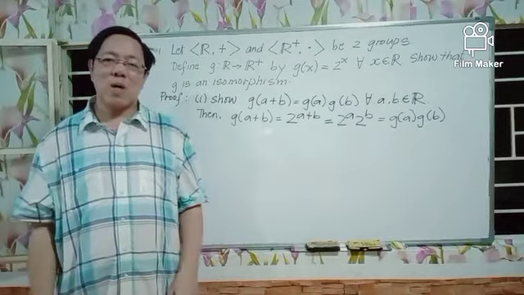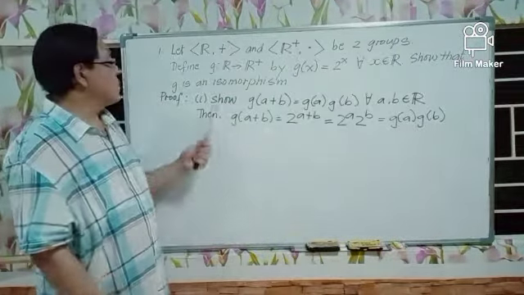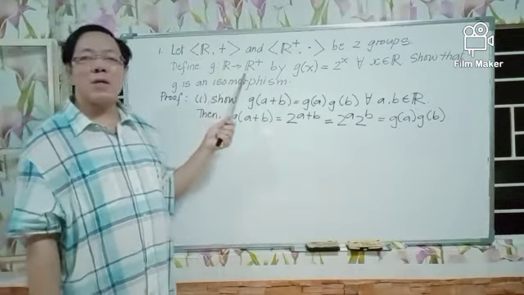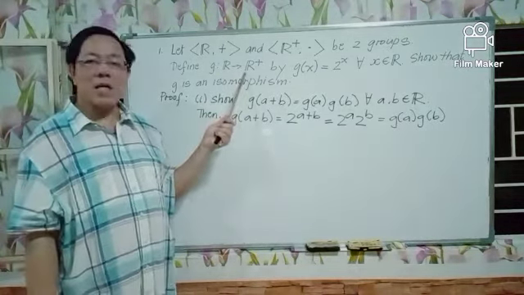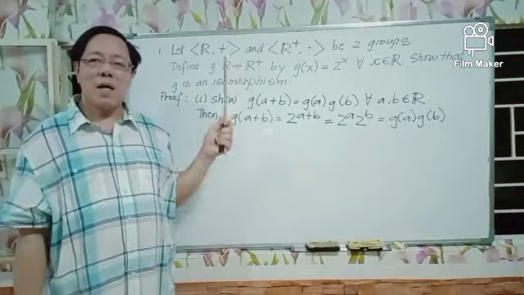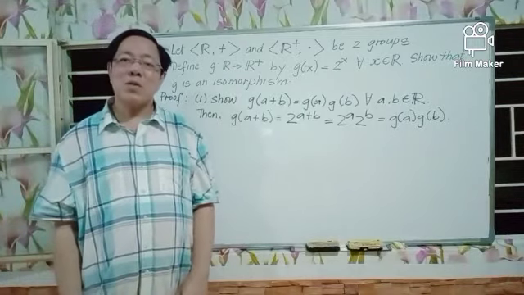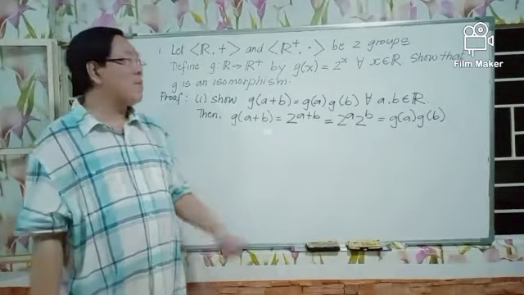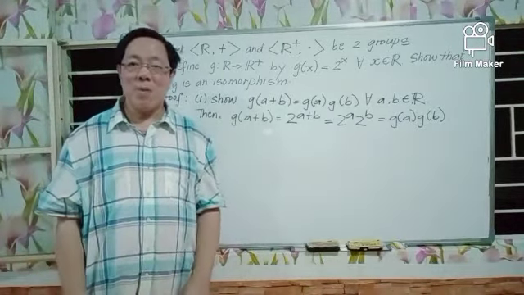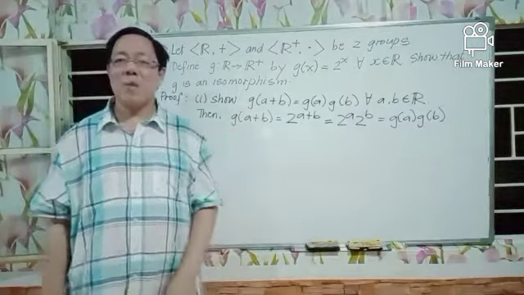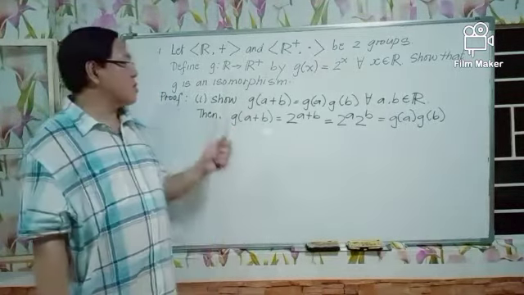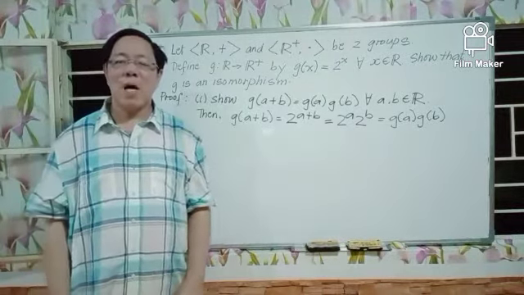A function is 1-1 if each element of the first set, or domain R, is assigned a unique image in the codomain of the function g. And if two elements of the first set R have the same image in the codomain R plus, the set of positive real numbers, then we must show that those two elements of R are equal and the same real numbers.